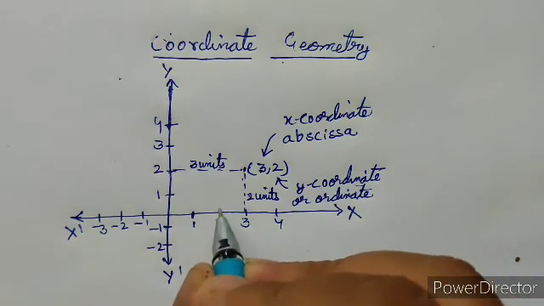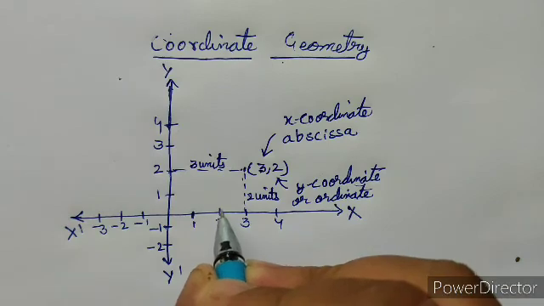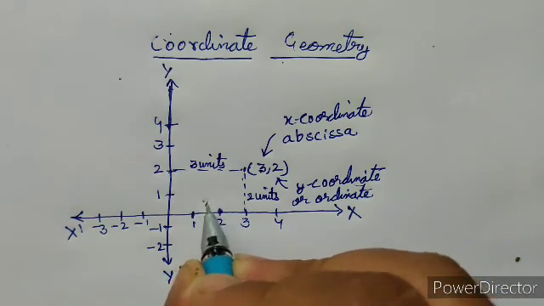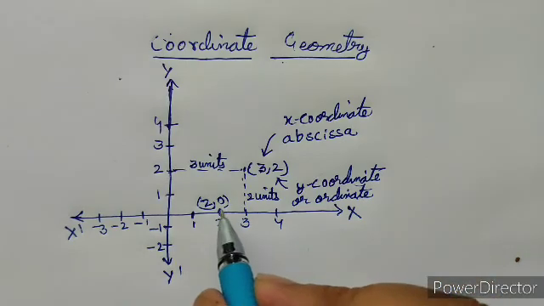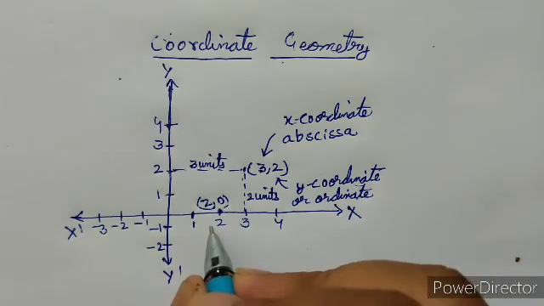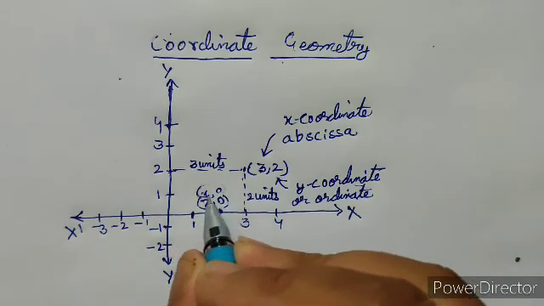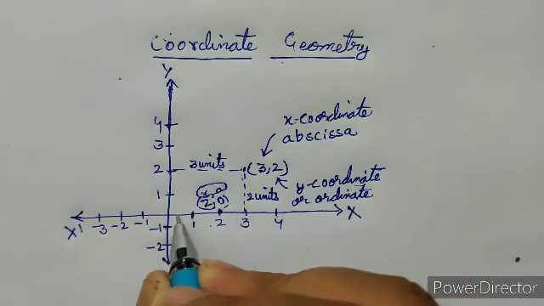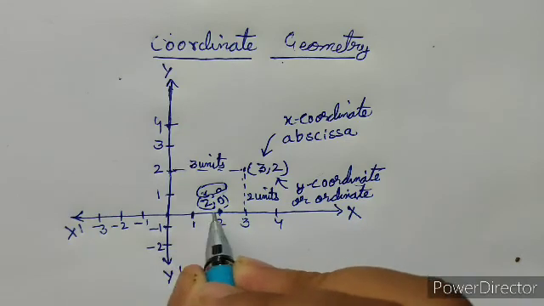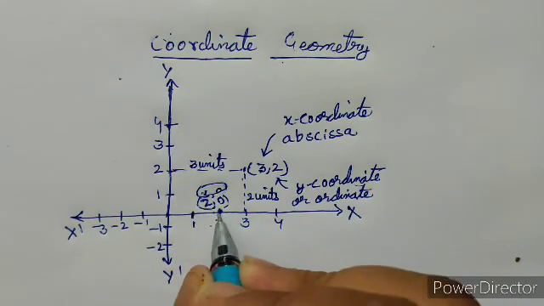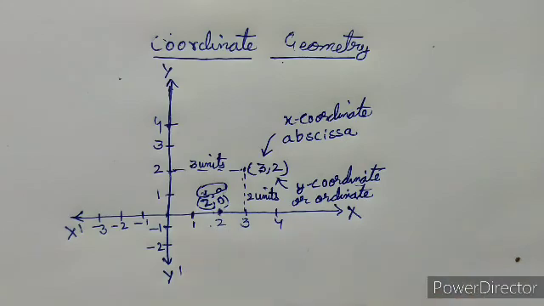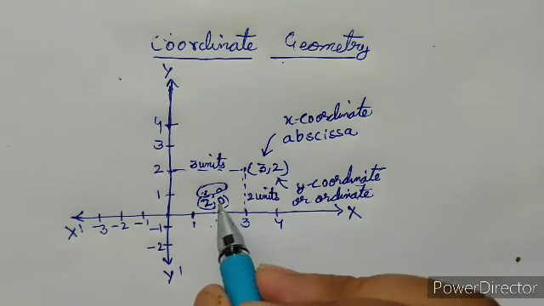Now any point on the x-axis, suppose here we are taking a point of the x-axis as (2, 0), any point on the x-axis is of the form (x, 0), that means the distance of the point from the y-axis is x, and here it is 2, so it will be of the form (2, 0), and the distance from the x-axis is 0.